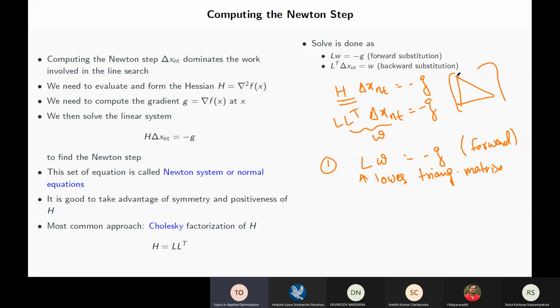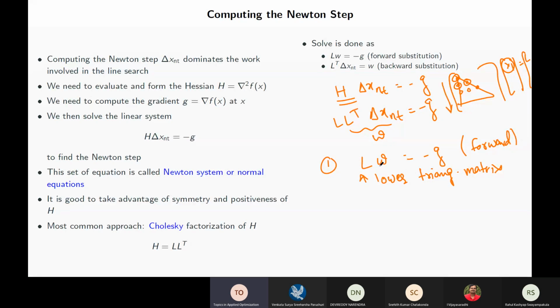First I solve for x1 because there is just one unknown in the first row. Then I have two values in the next row, but x1 is already known, so I can solve for x2, and then these two are known, so I can solve for x3 and so on. That's called forward substitution because I go in this way.